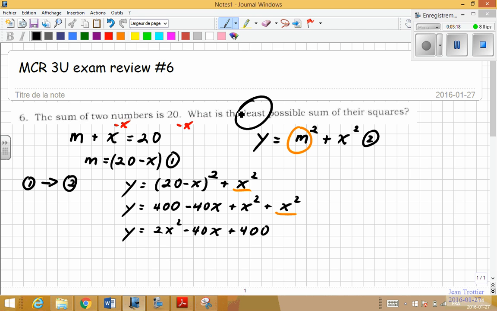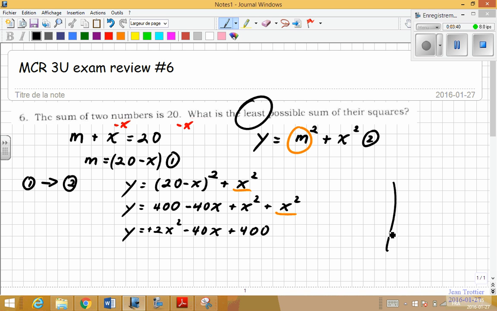Now, we have to find the least value. So you'll notice this is a trinomial. It's got 3 terms, and it's a power of 2. Now, this looks like a parabola. So a parabola does have a vertex. So the vertex is either a maximum or a minimum. And you'll notice here that the first term, like the dominant coefficient, is plus 2. That means that the branches are aiming upwards.